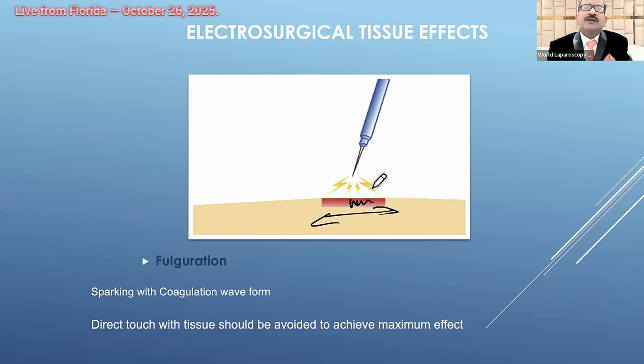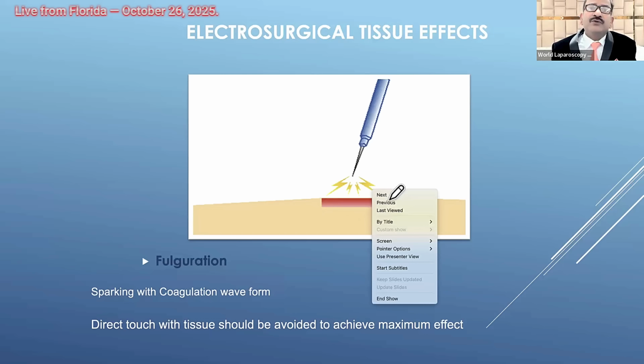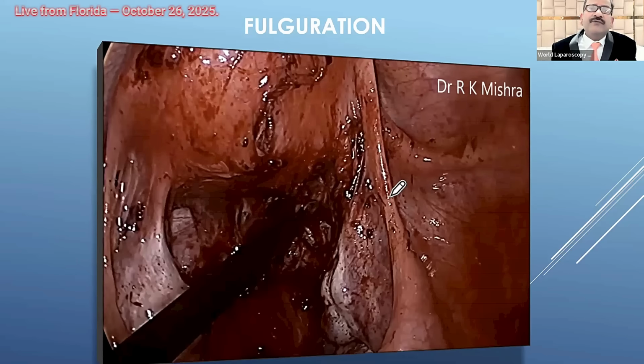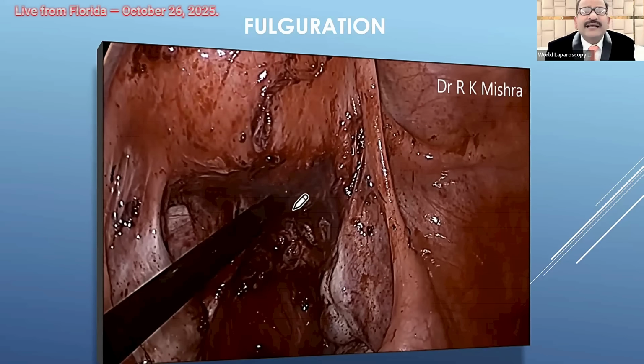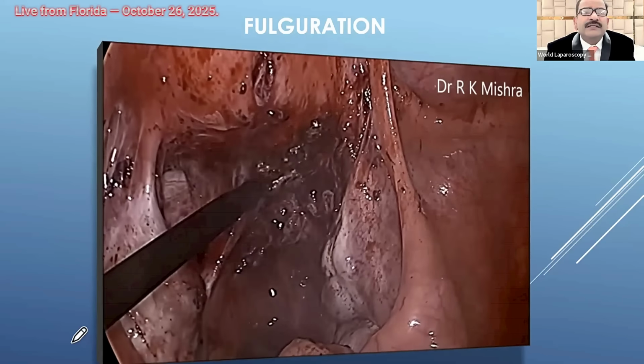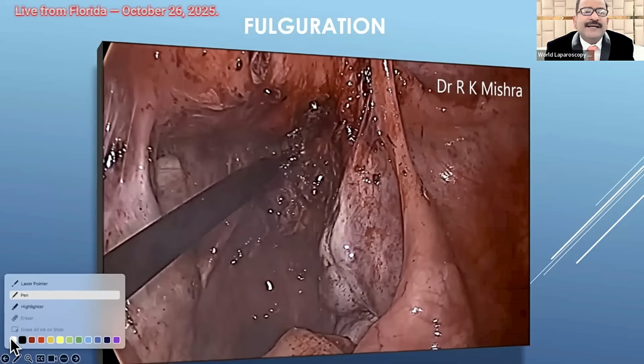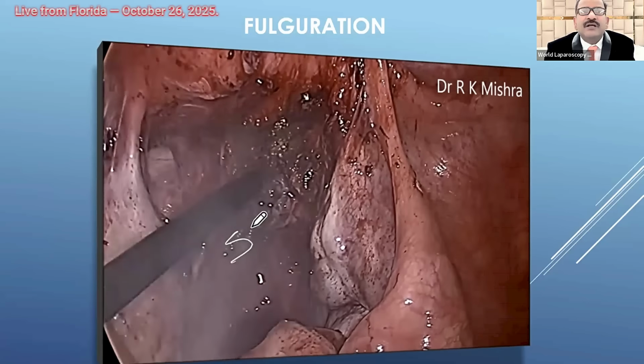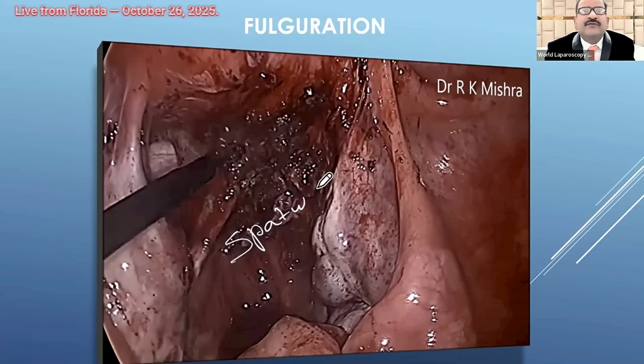That is used sometimes for endometriosis, or when you have oozing. In those situations you can use fulguration. Like here we can see this is an endometriosis case, and this instrument is called a spatula, and the spatula is doing the fulguration.